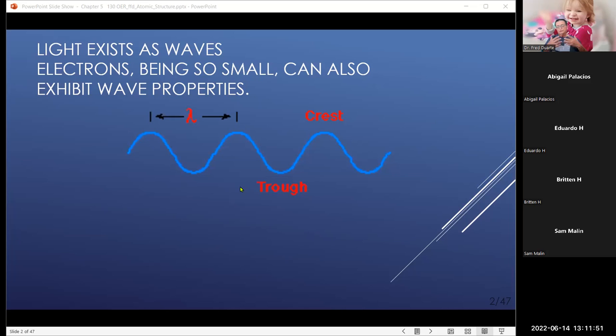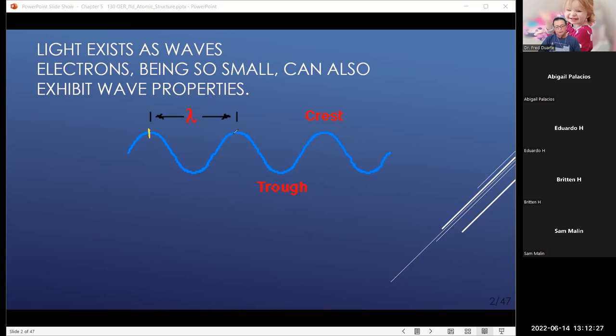Now, how do we describe a wave of light or a wave of electron? Well, we use this model here, okay? This blue light here represents a wavelength. Now, if we take a point, let me change the color here. Anywhere in this wavelength of light, in this case, we're going to pick a point right here. And notice we got a little hill, and then we got a little trough here, okay?